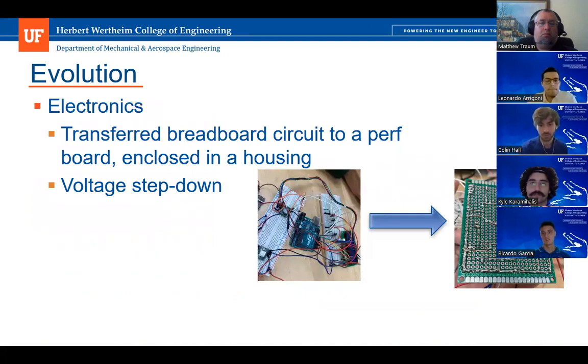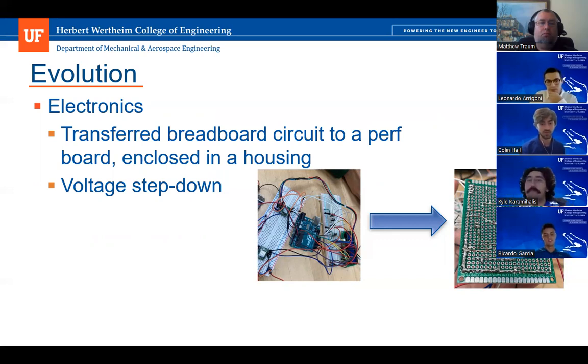Yes, so the electronics underwent a lot of evolution as well. The initial prototyping was done on a breadboard because breadboards are non-permanent and you can easily replace components and wires. Additionally, breadboards have built-in voltage dividers for a shared voltage and ground, which becomes much more complicated on a perf board.